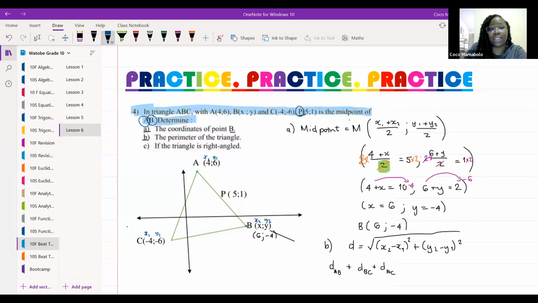And then for AC, you can switch it around and call this one X2 and Y2. Find the distance of each of them separately and then add them together, because that will give us the distance. I mean, sorry, the perimeter. That's what I was aiming at.